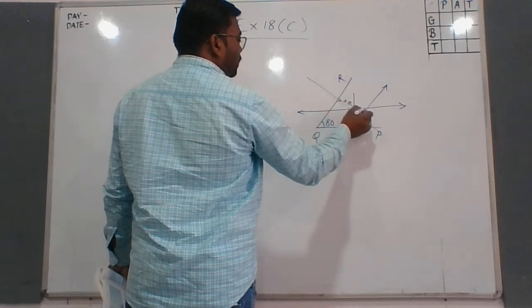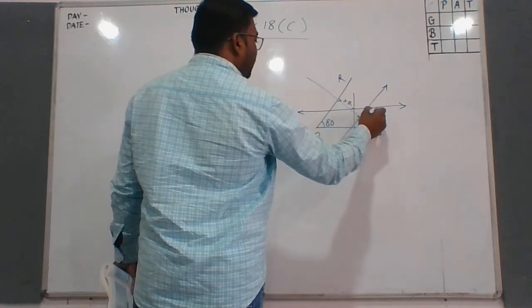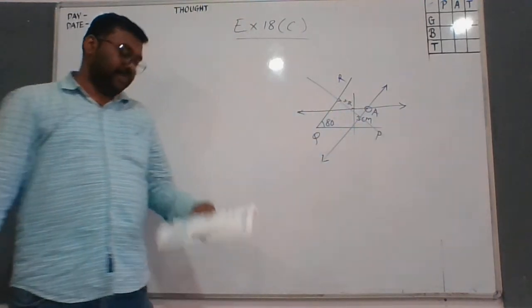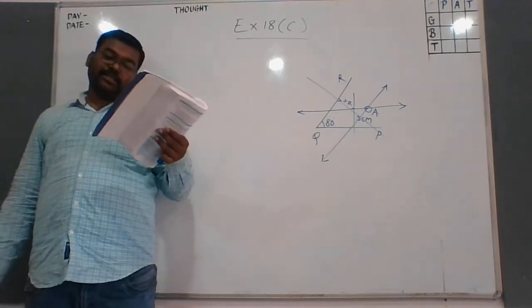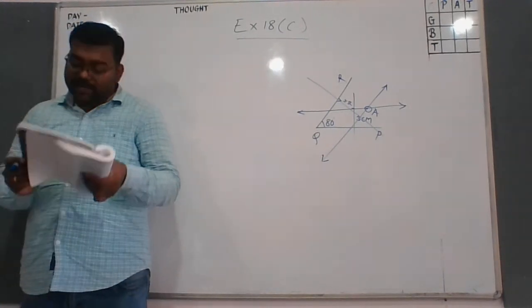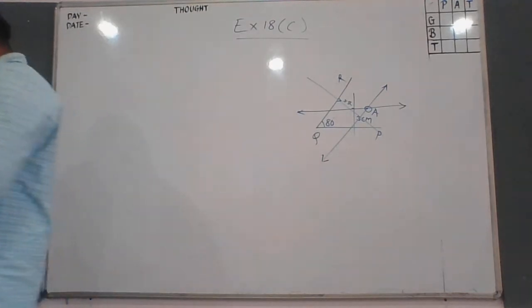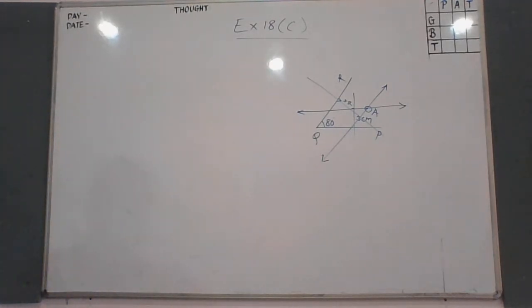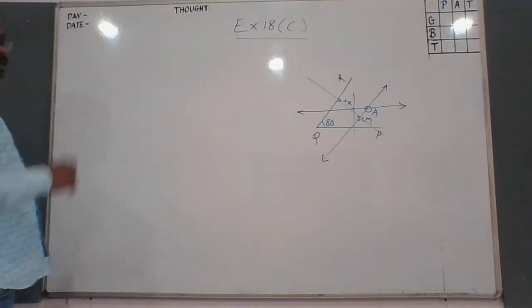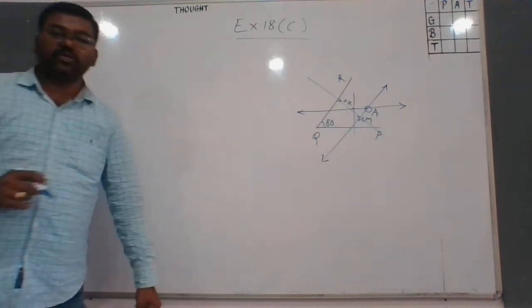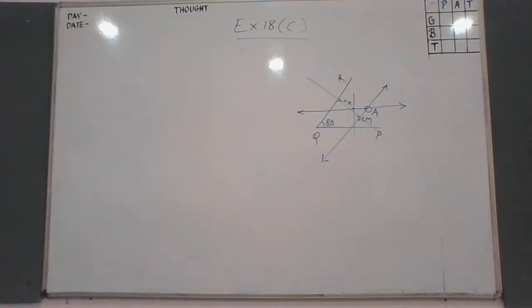Where these two parallel lines are intersecting, name it as A. Okay. So a little bit complicated construction is that, but we will try. Let us try.